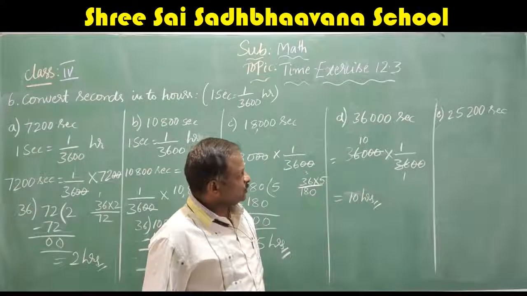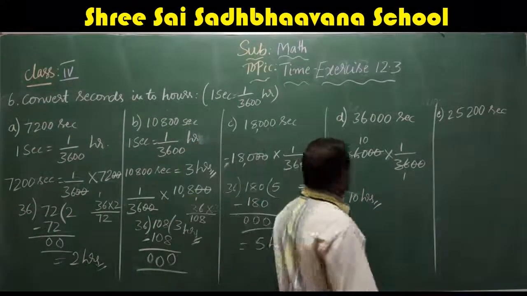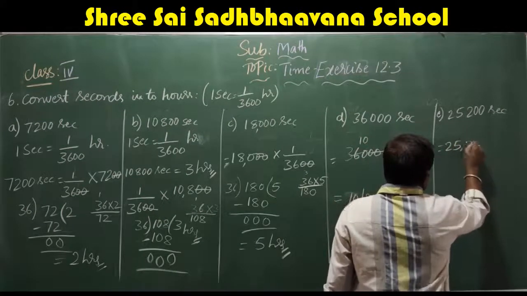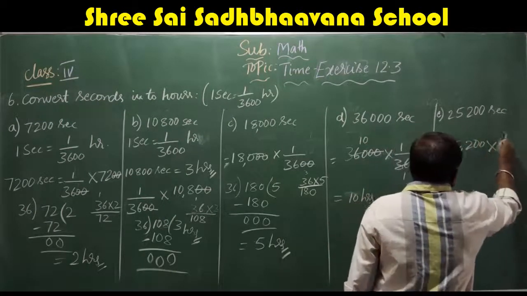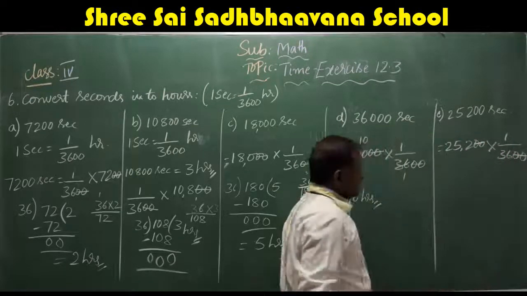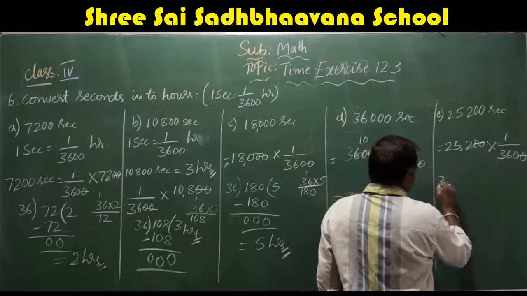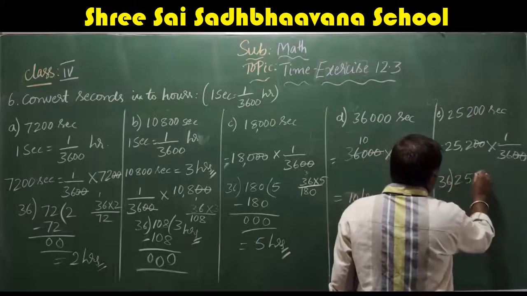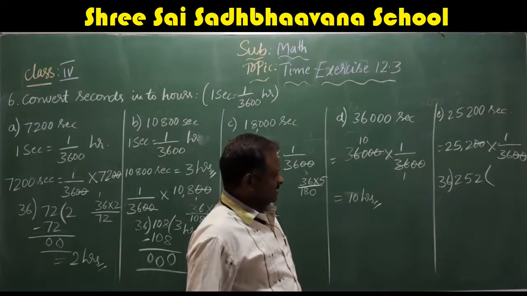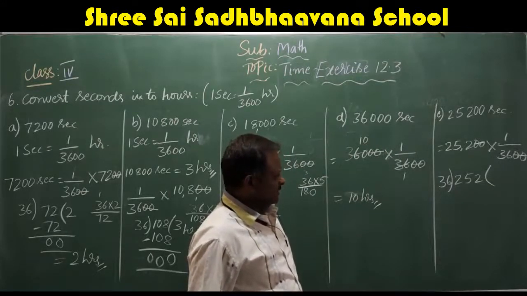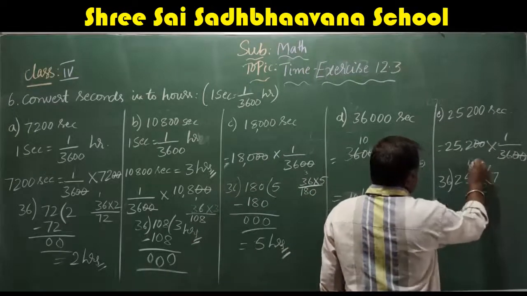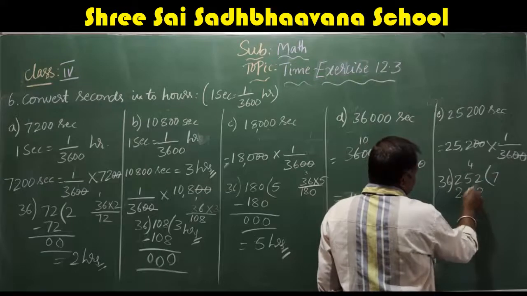Next come to 25,200 seconds. Here, 25,200 into 1 by 3,600. Two zeros cancel. From 36 you divide 252. 36 sevens: 7 sixes are 42, carry 4, 7 threes are 21 plus 4, 25.